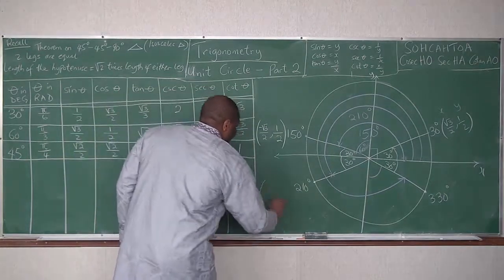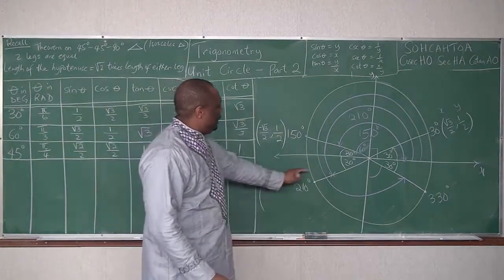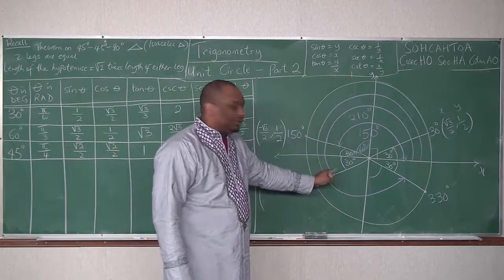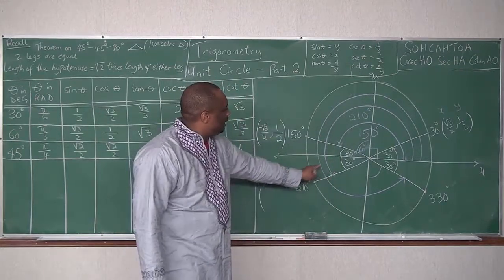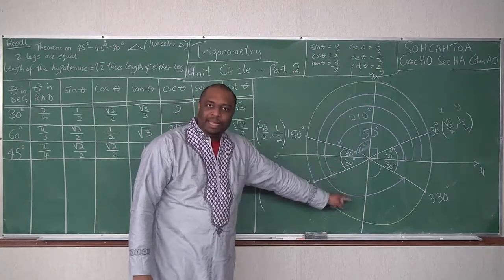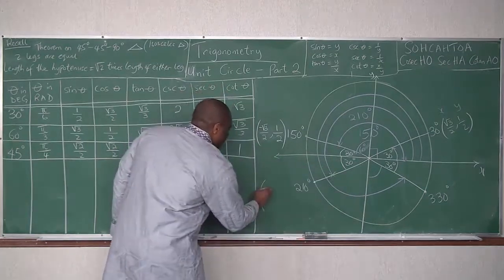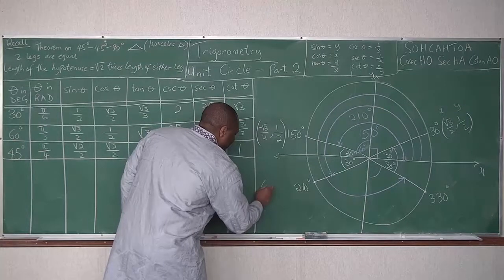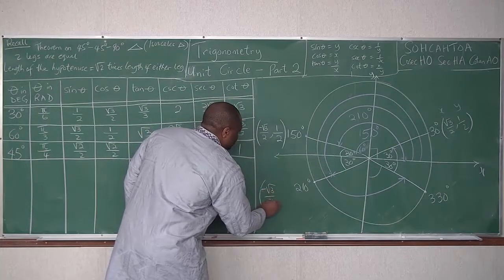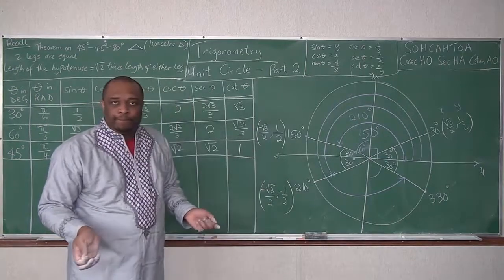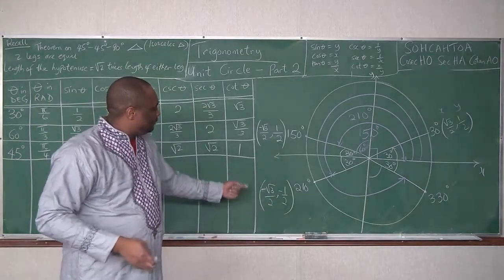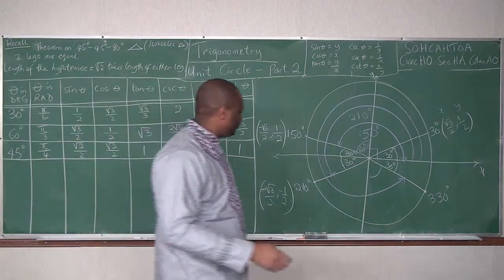Then you come over here: first, second, third quadrant. In the third quadrant, x is negative, y is negative. So this is negative root 3 over 2, negative 1 over 2.